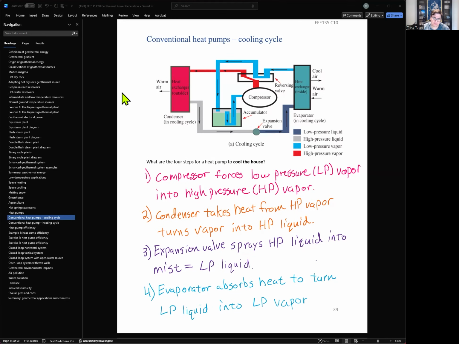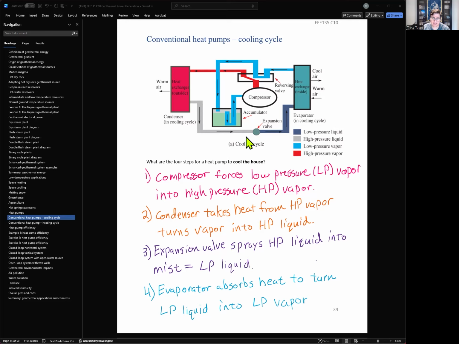All right, I just want to interrupt the lecture real quick because I wrote an error. I want to fix it right now before you go any further. Here, we're talking about the conventional heat pump cooling cycle. Number 3, it should be: the expansion valve sprays high pressure liquid into mist and turns it into low pressure liquid, not vapor.